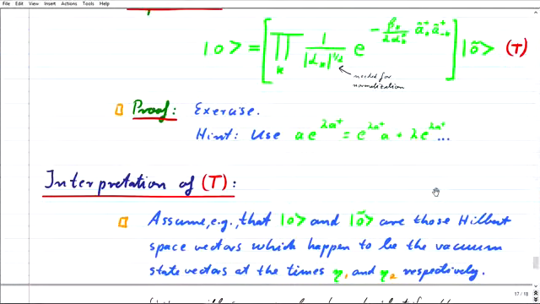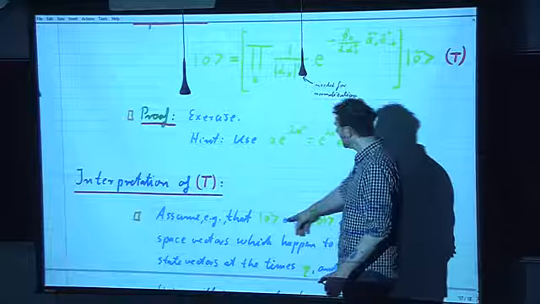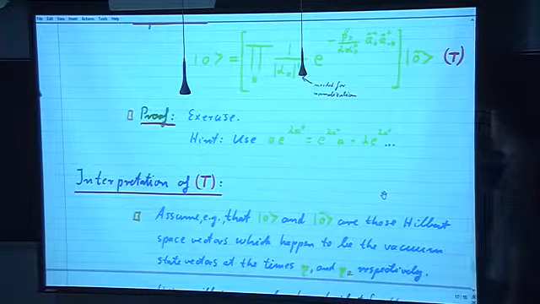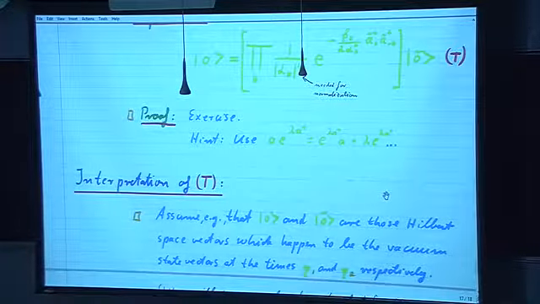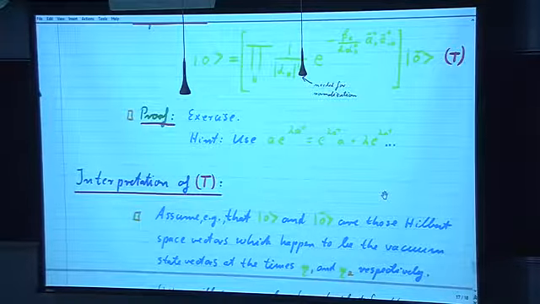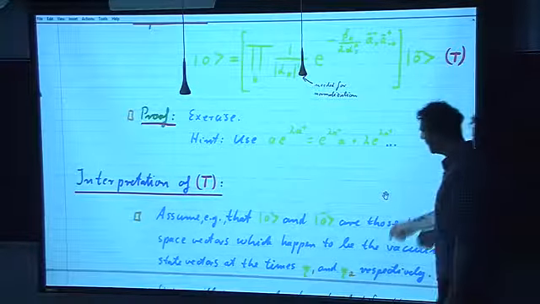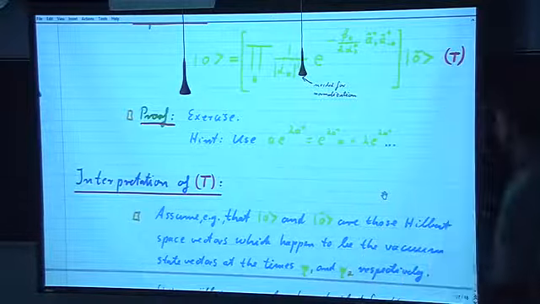Let's assume that, for example, this vector and that vector are those Hilbert space vectors which happen to be the vacuum states at times eta 1 and eta 2.